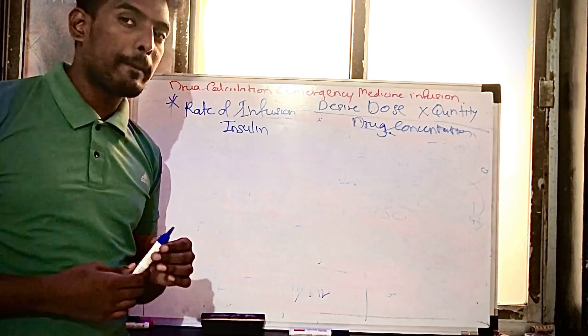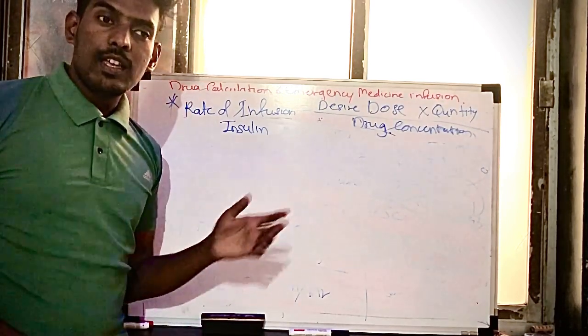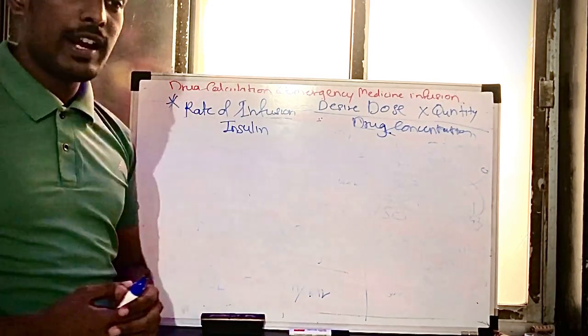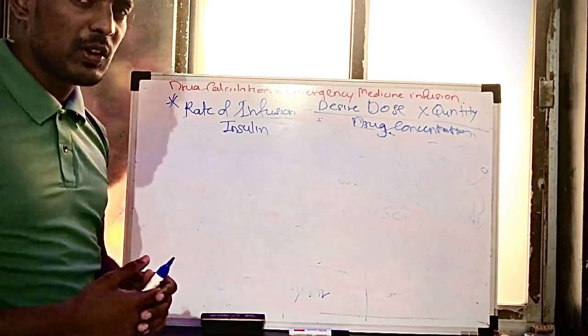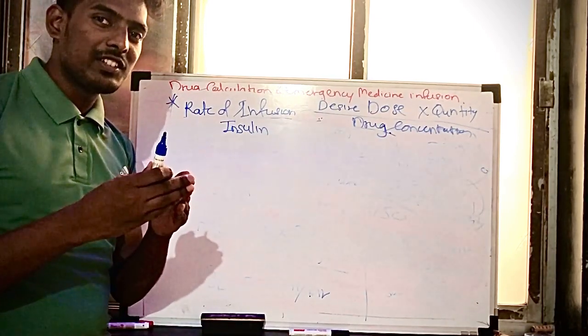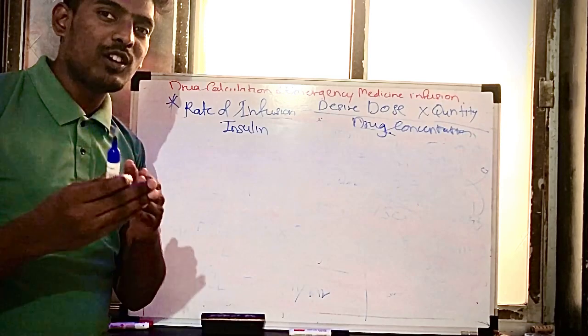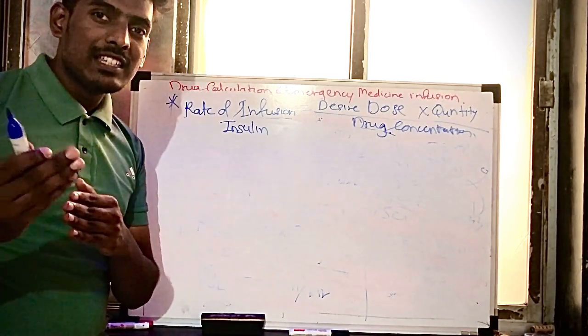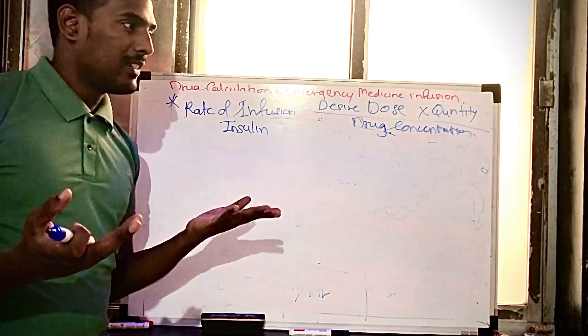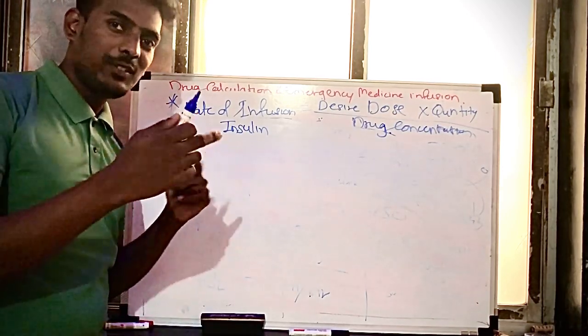How are we going to prepare and give it? For insulin there is no need for any formula or dose calculation, because the drug concentration is the same as the amount of your quantity. Let's see, you will understand.